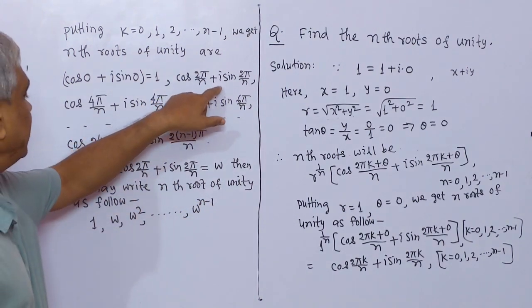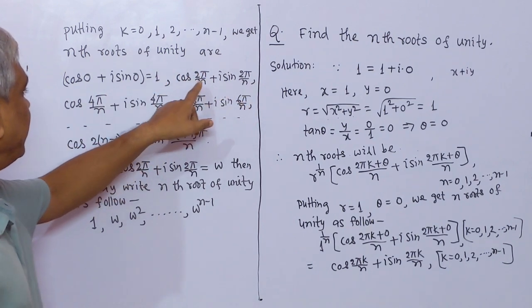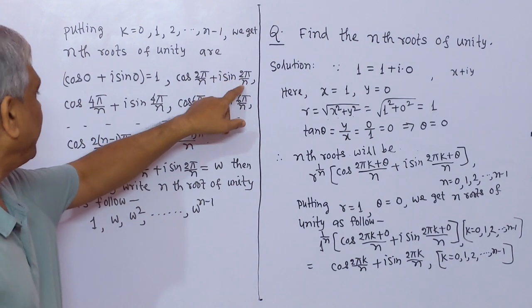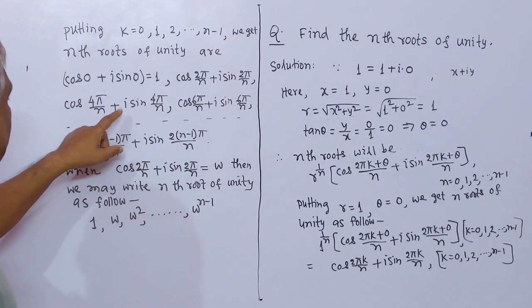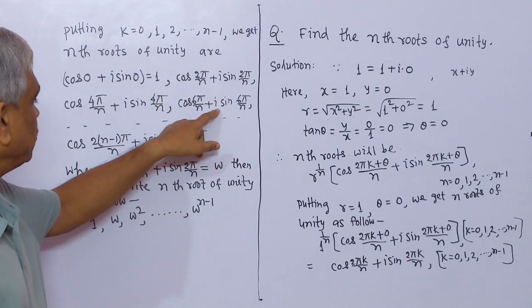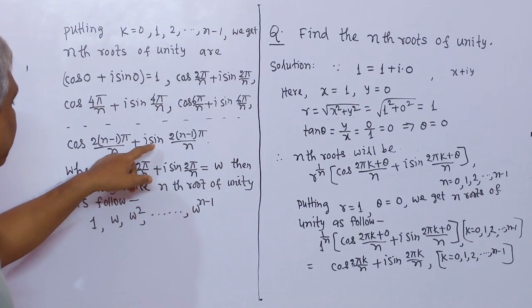Here this is omega, and if we square this quantity, we get cos 4 pi by n plus i sin 4 pi by n. This quantity is omega square. Similarly, this is omega cube, and at last this is omega to the power n minus 1.